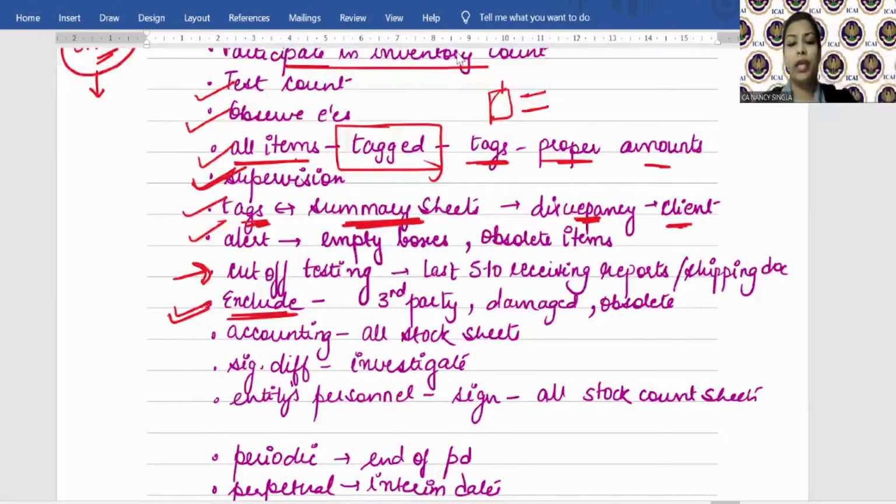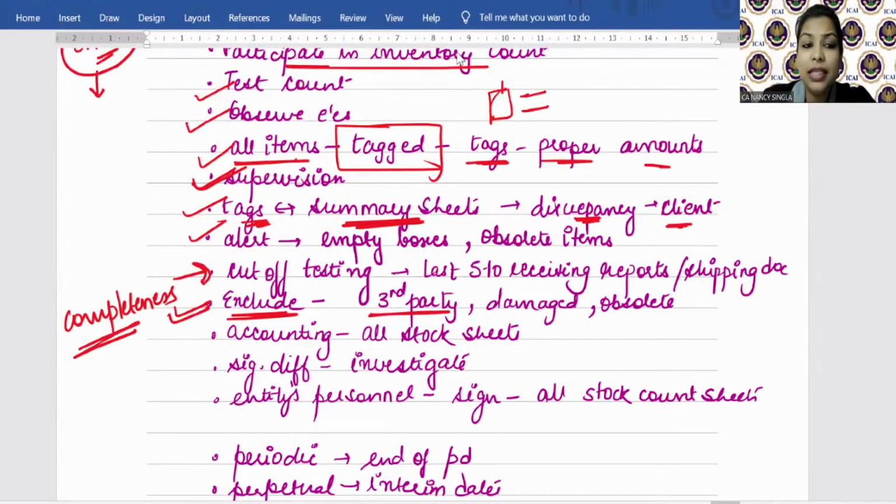With respect to this point, if you remember, when we discussed the completeness assertion, we saw that all the inventory that should have been recorded has actually been recorded. This completeness assertion with respect to inventory means this, right? So any inventory belonging to a third party, let's say my client A Limited has received certain items from B Limited for job work purpose.